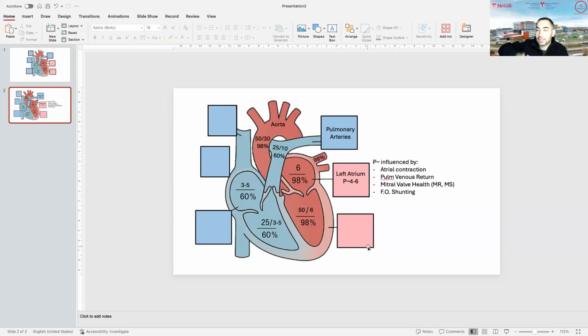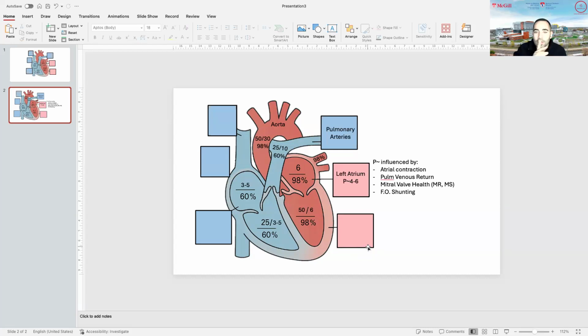So you get this left to right shunt, but it doesn't mean you have low PVR. You still have very high PVR. But because the RV is not generating any forward flow, you don't get any pressure generated in your pulmonary artery. Does that make sense?